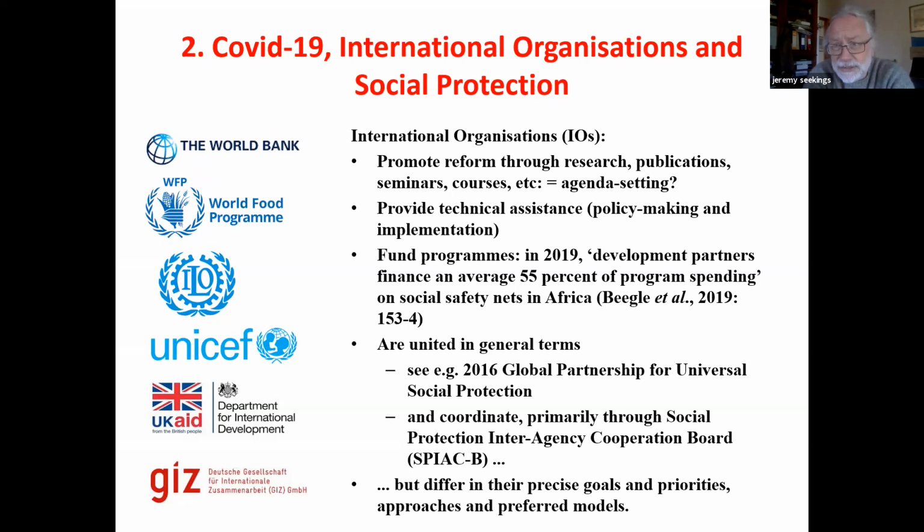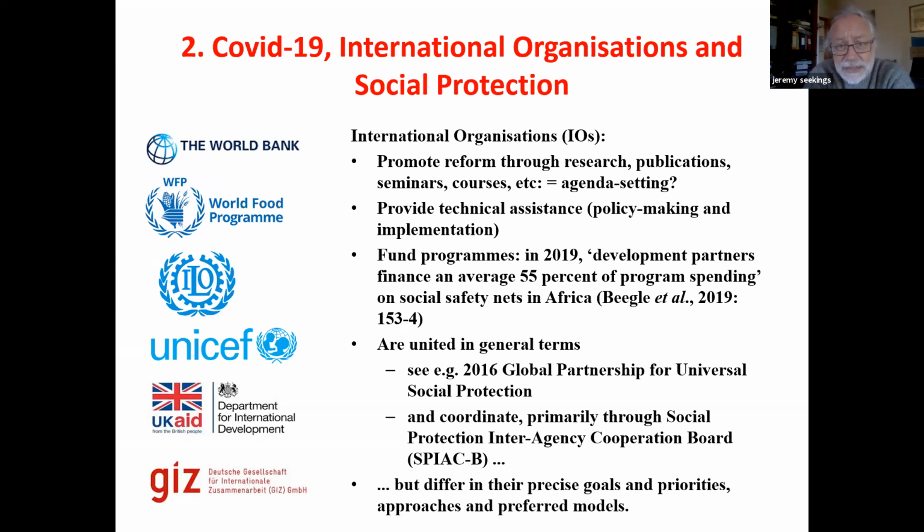So the most recent estimate from the World Bank that I've seen, Lena might have a more recent figure, was that in 2019, donor funds financed on average 55% of program spending across Africa on social safety nets.